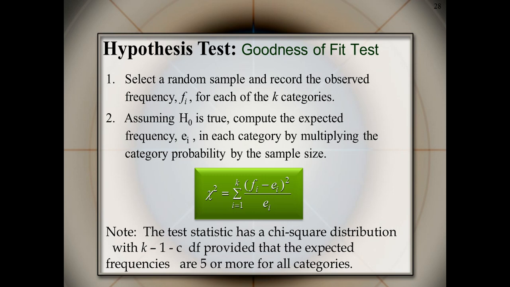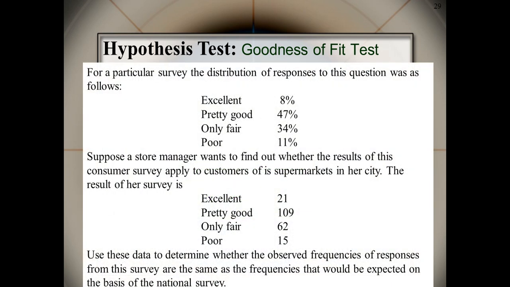Let's take one example. For a particular survey, the expected distribution is that the excellent category will have 8% of the respondents, pretty good will have 47%, only fair 34%, and poor 11%. This is the national average.